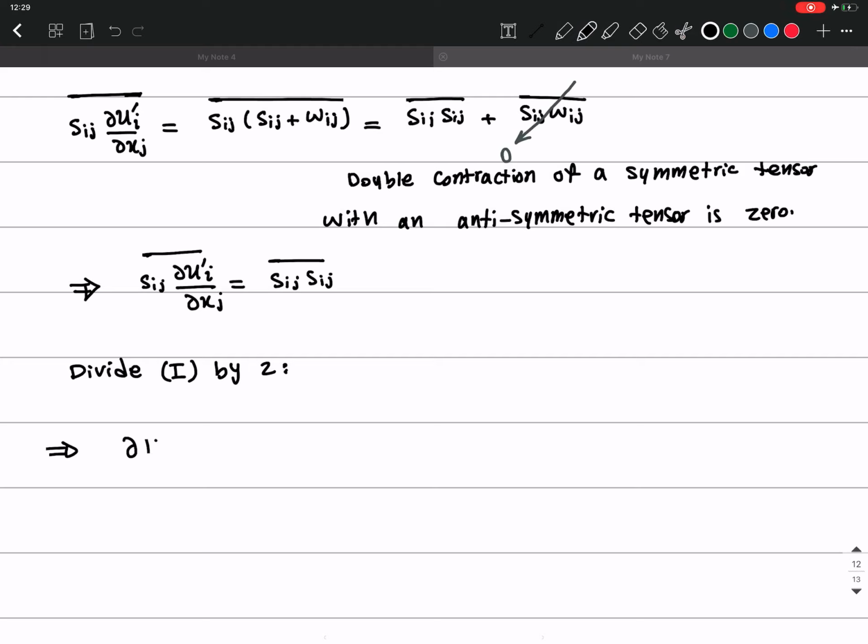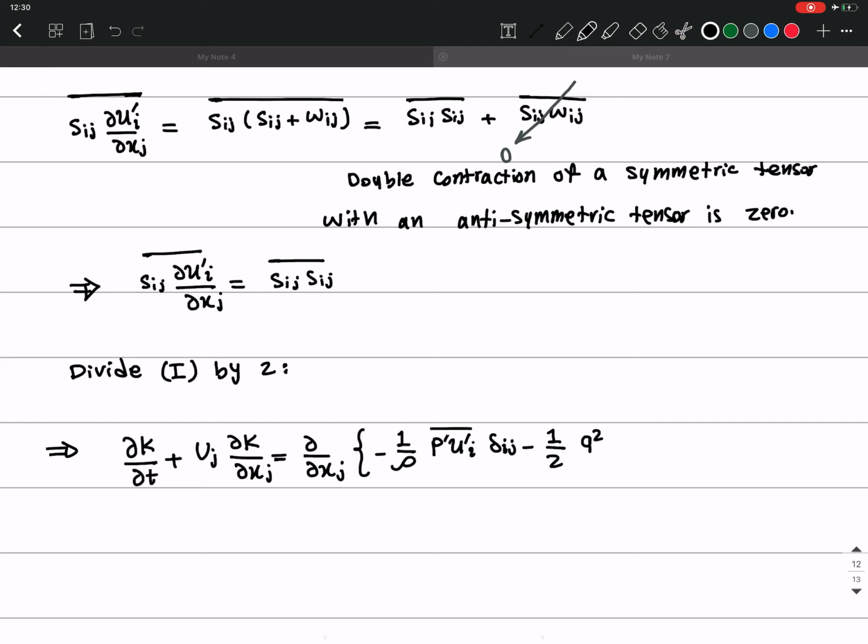So partial K over partial t plus capital Uj partial K partial xj equals to the divergence term, which is partial over partial xj of minus 1 over rho p prime u prime i bar delta ij minus 1/2 q square uj bar plus 2 nu Sij u prime i bar.